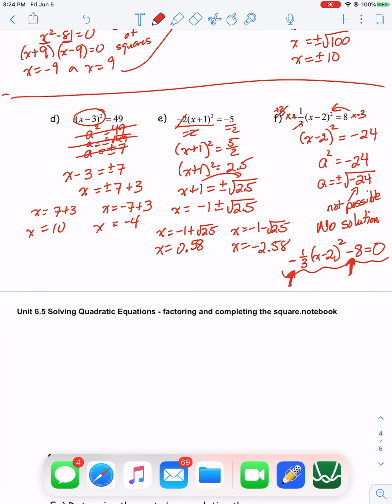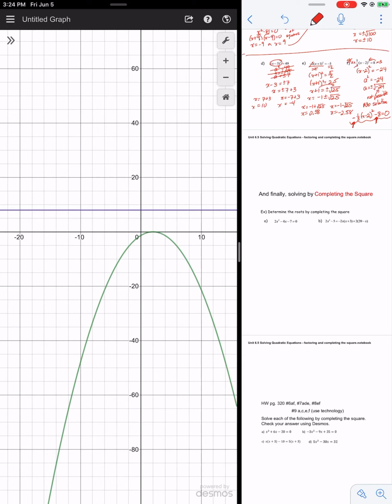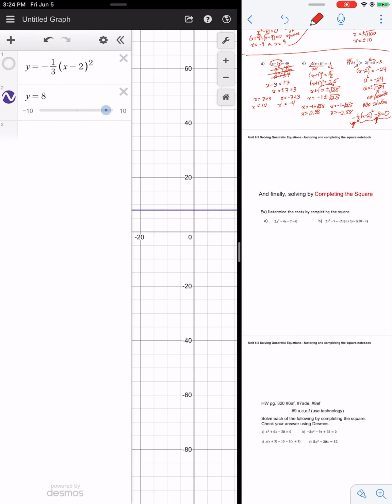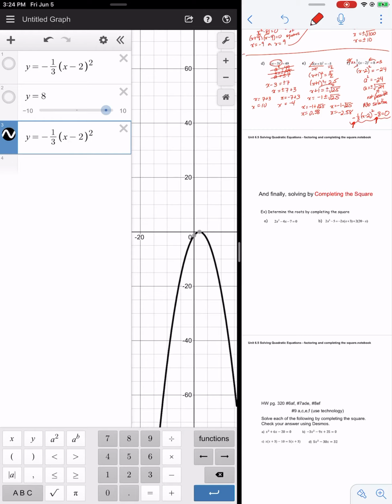Well, what does that look like? Let me just graph that one. I'm going to hide those two. Y equals -1/3 (x minus 2) squared minus 8.